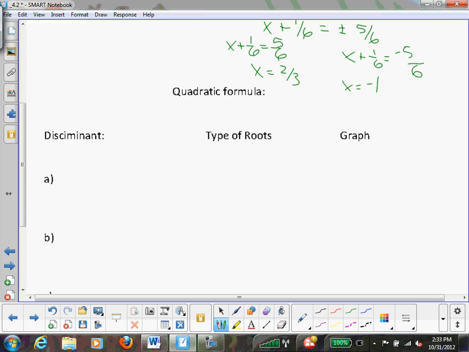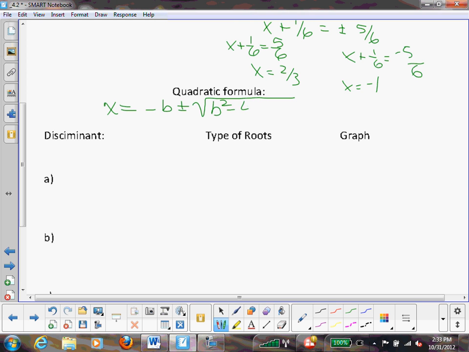Okay, quadratic formula. X equals negative b plus and minus the square root of b squared minus 4ac, all over 2a. You should all know this by now, and hopefully you do. Notice that all of it's over 2a, not just the radical, but the entire thing is over 2a. All right, so the discriminant.